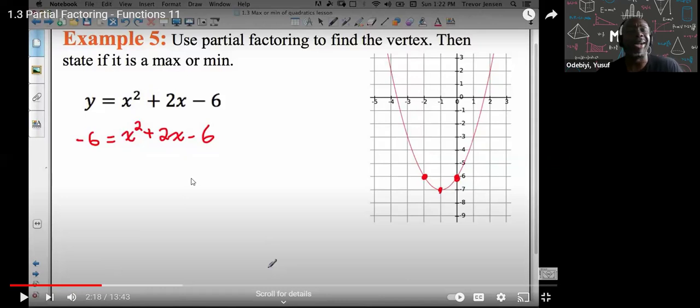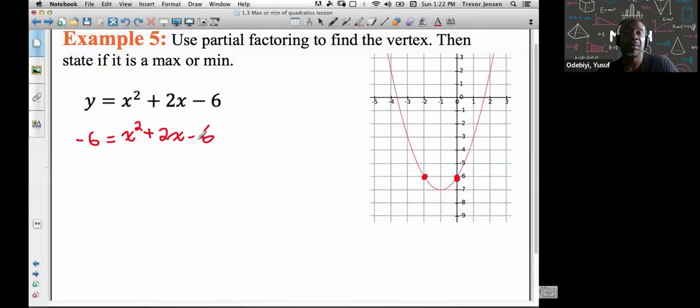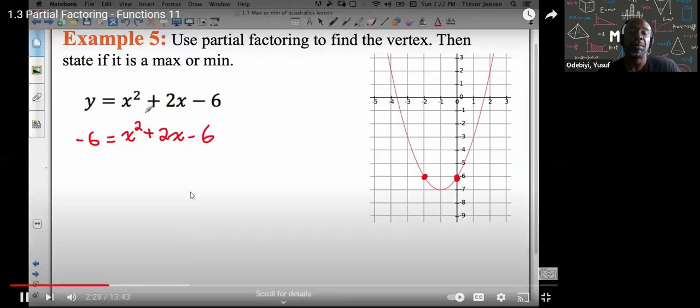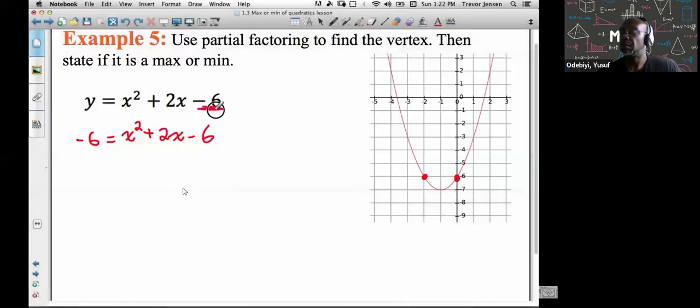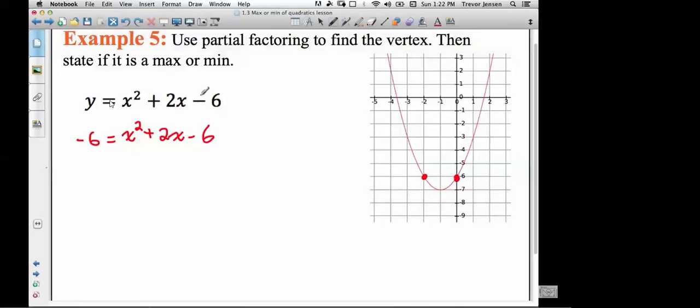Okay. It's a little bit more complicated than completing the square, but I'm going to show you just to show you: the original equation and solving for y. Now, you might ask, why did we decide to set it equal to -6? Well, you'll see it works out nicely because when you set the quadratic equal to the y-intercept, keep in mind the c value of a quadratic in standard form is the y-intercept, you'll always get one of your answers to be 0 because it's right on the y-axis.